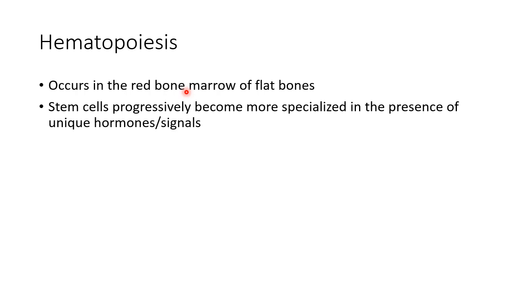Contrast that to the marrow of the long bones, for example, the femur or the humerus, where the marrow is already yellow to brown in coloration. When it is already yellow colored, that means that the bone marrow is now completely filled with fat cells. Here in the flat bones, the marrow is red colored, meaning there are active stem cells that continue development to become the mature cells found in the blood.